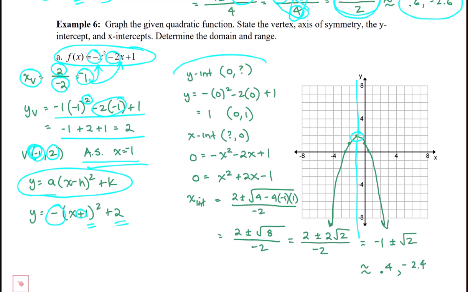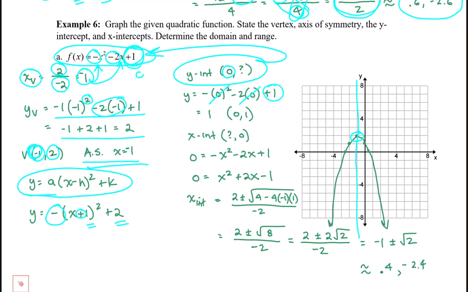Y-intercept is easy to find. If I plug it into the original standard form, x is 0, this goes away, this goes away. The y-intercept is 1. Now be careful, in Algebra 1, you call the y-intercept b. Y equals mx plus b. But for the quadratic formula, who is this?